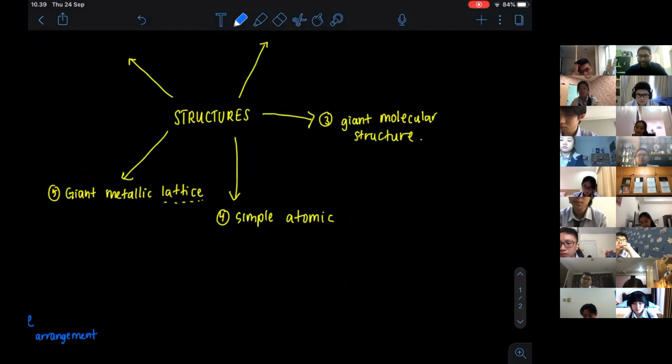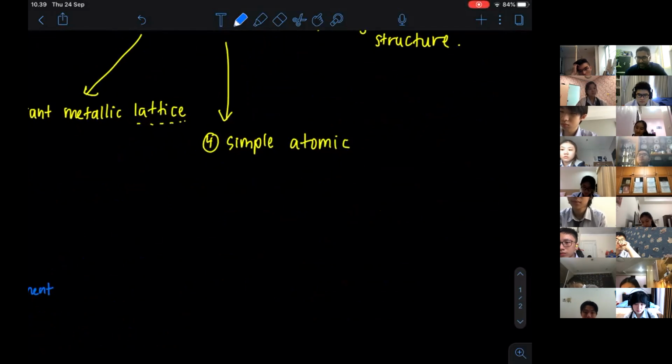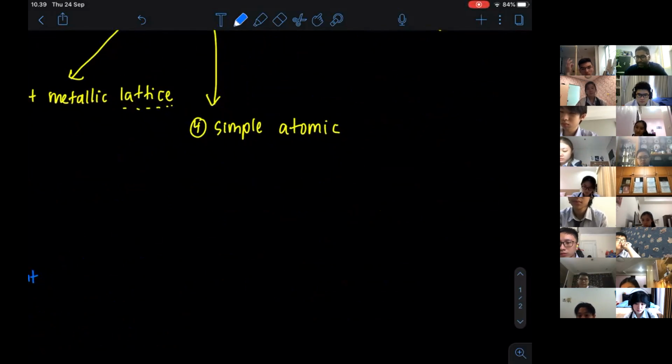Simple atomic. When it comes to simple atomic, can you give me some examples? Maybe Michelle V. What is an example of simple atomic? I don't know, sir. Noble gases.